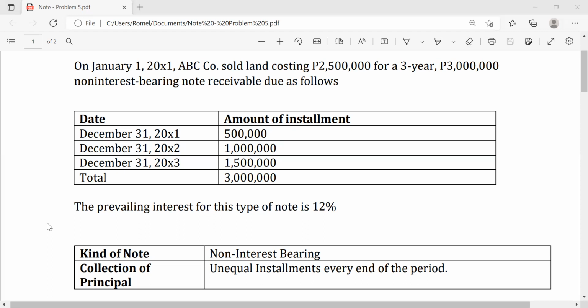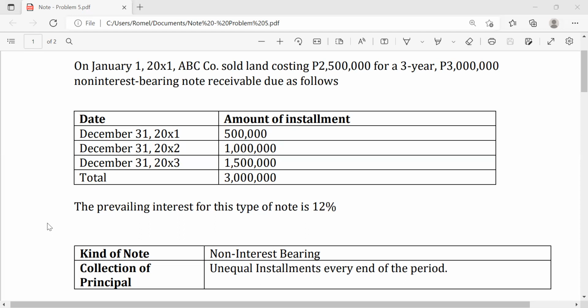The collection of principal is unequal installments. Hindi equal ang installments na makokolekta natin every December 31 or every end of the period. So this is unequal installments.